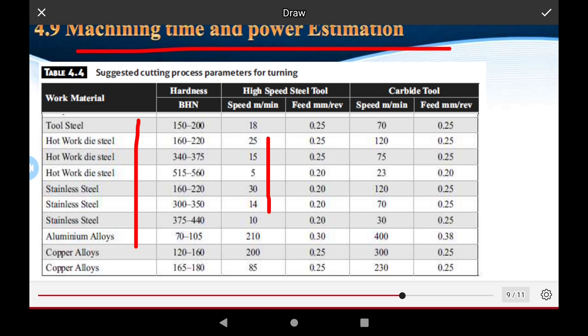For high stainless steel the feed rate is 0.25, 0.22. Okay, different materials and different hardness of materials need different feed for the tools, and the feed in per revolution is different.